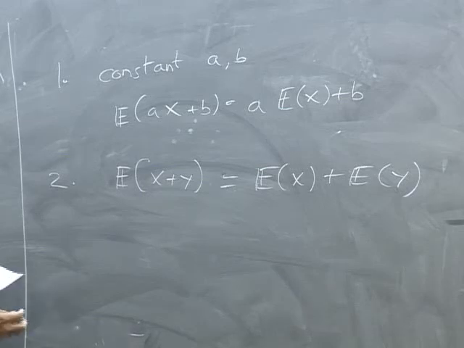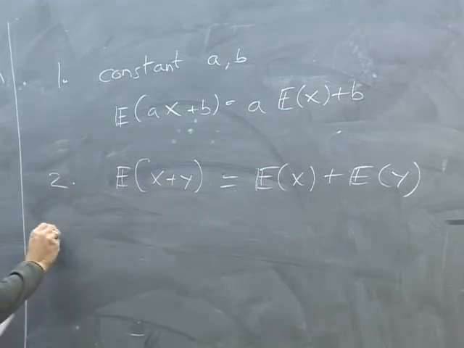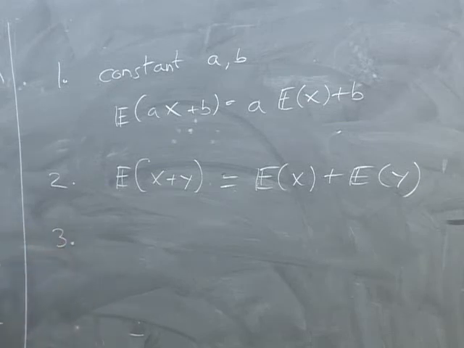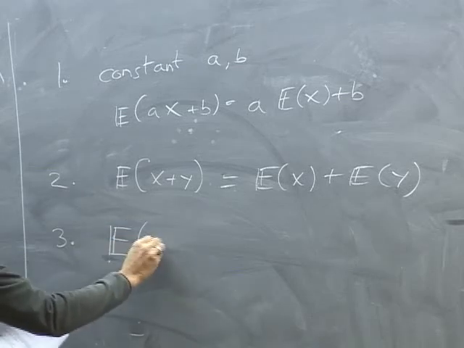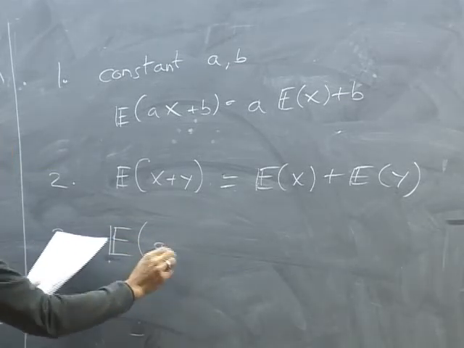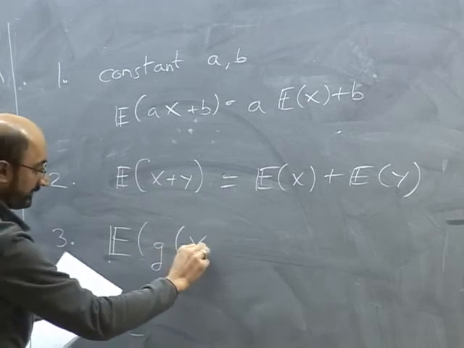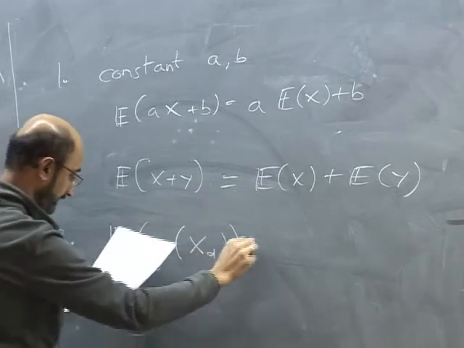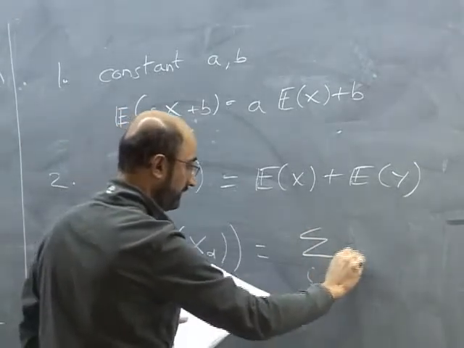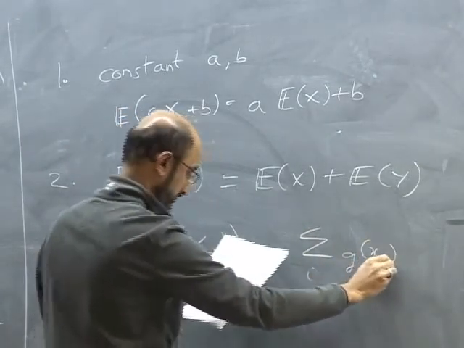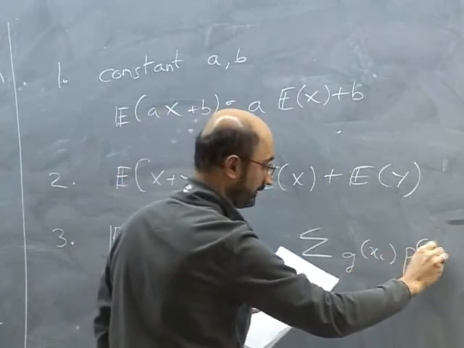And the third thing is this notion of the function of a random variable, and we'll look at an example of that. So the expectation of a function g of a discrete random variable X is given as the sum over i of g of x_i p of x_i.